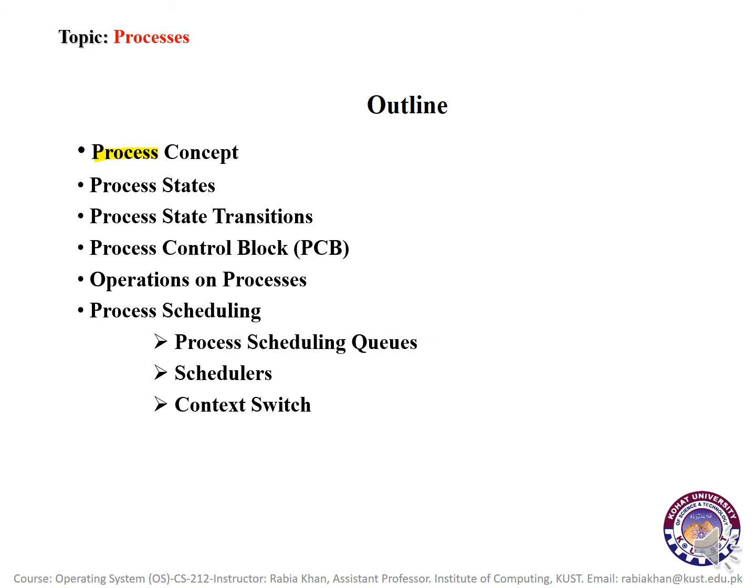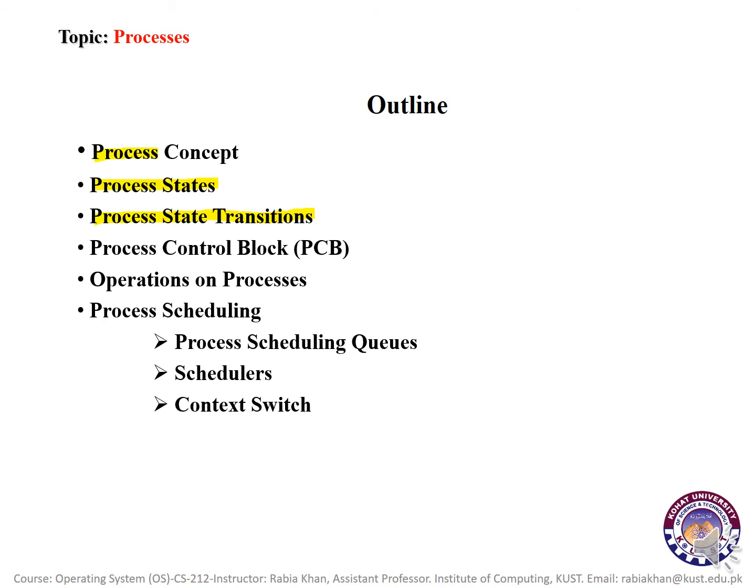Then we discussed different states that a process normally obtains while it is in the system. We discussed different types of states and when they are required. Then we started discussion on process state transitions: how a process changes its state from one state to another, and what actions are required to change the states.